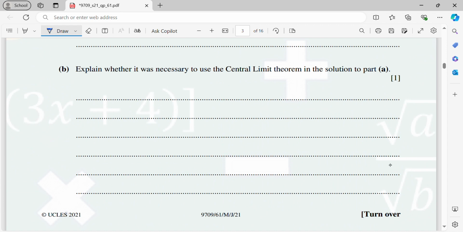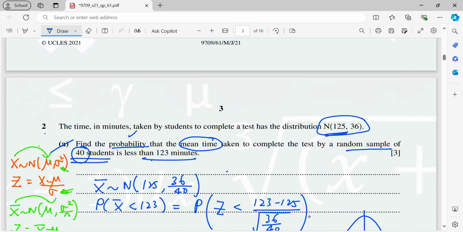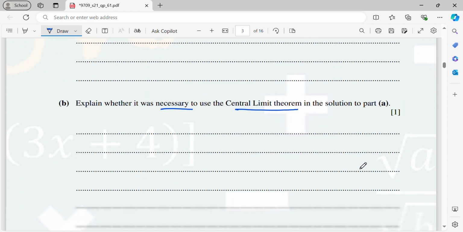Now B, explain whether it was necessary to use central limit theorem in this solution. So actually when you refer back to the question, it's already given a normal distribution. That means we do not apply it. Central limit theorem is used when the distribution of the population is not given.